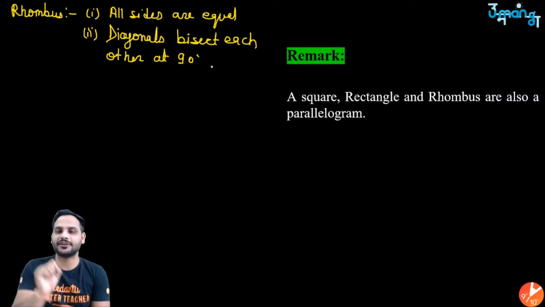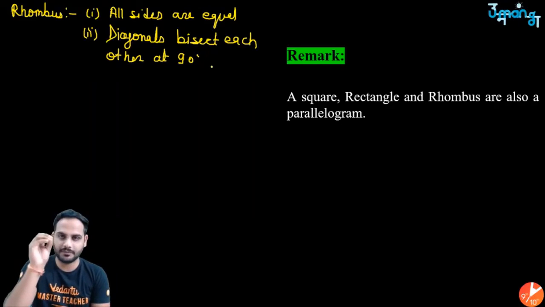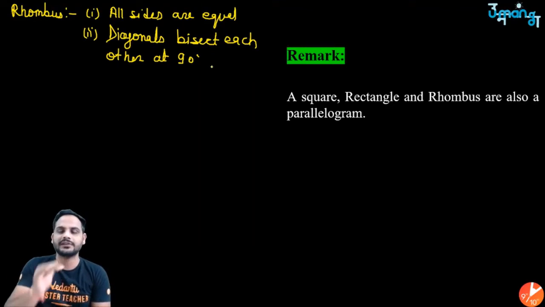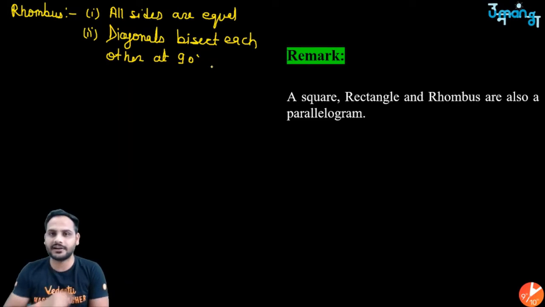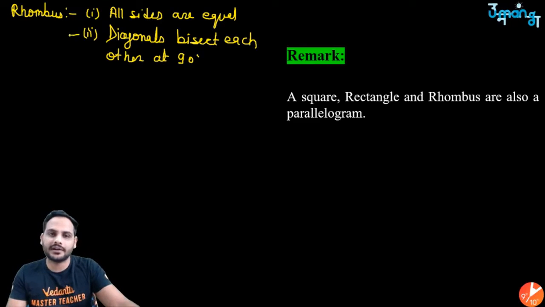But in the case of a rhombus, the angle between the diagonals where they intersect is always 90 degrees. So diagonals of a rhombus are perpendicular to each other as well as bisect each other. This is an important extra property of a rhombus.